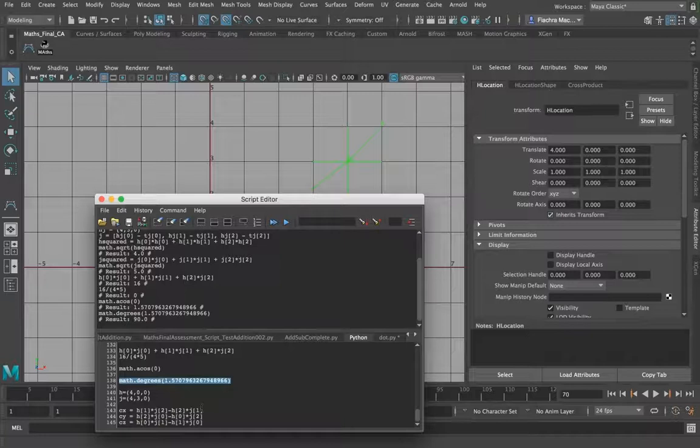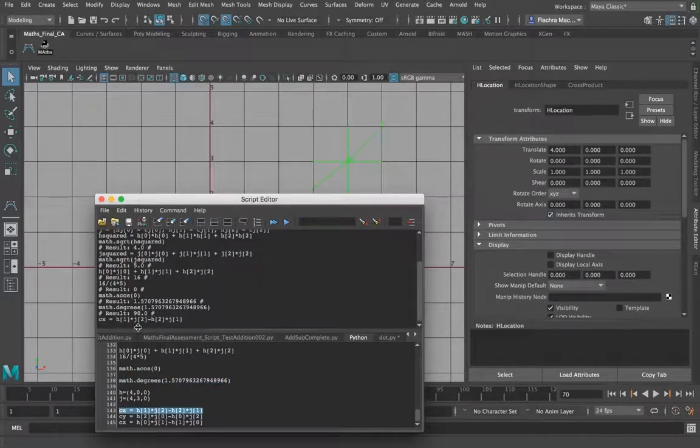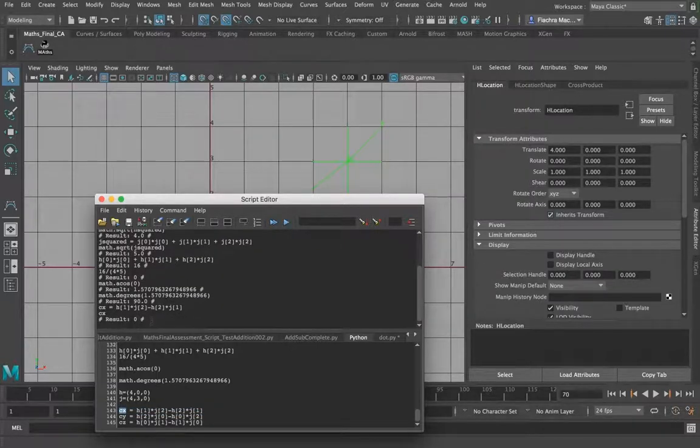I need to multiply the y coordinate of h by the z coordinate of j, subtract that from the z coordinate of h multiplied by the y coordinate of j. So if I go ahead and do that, the result is 0.